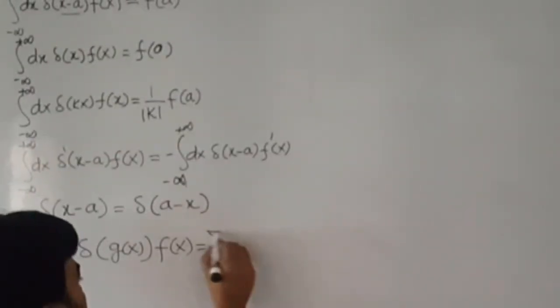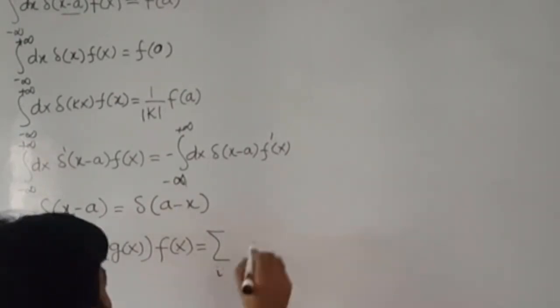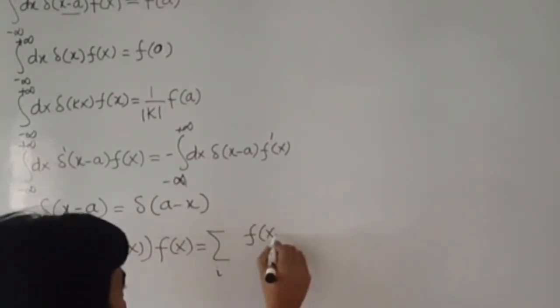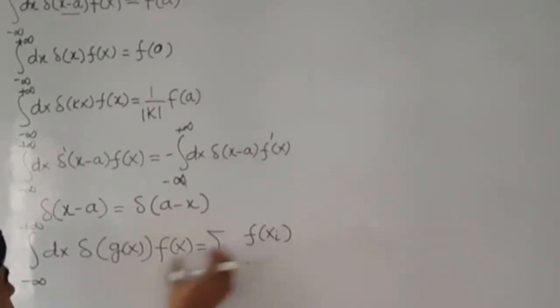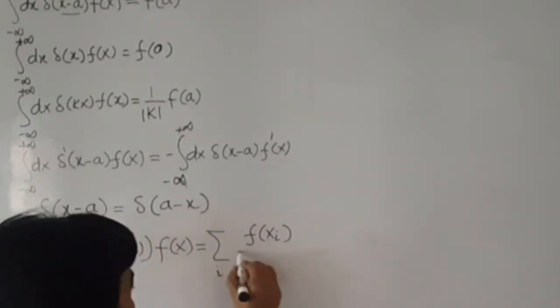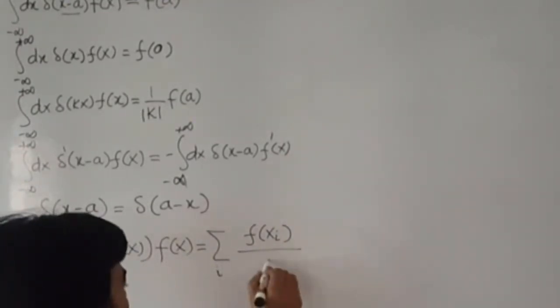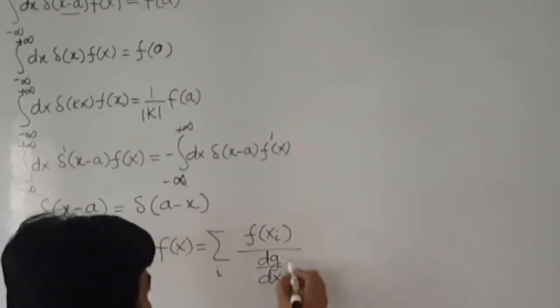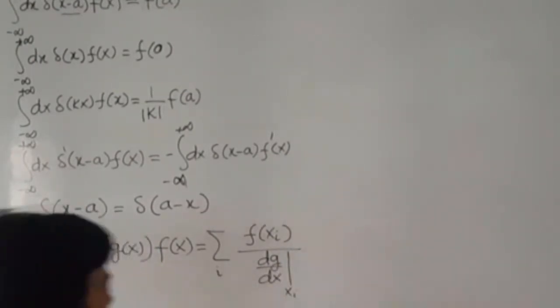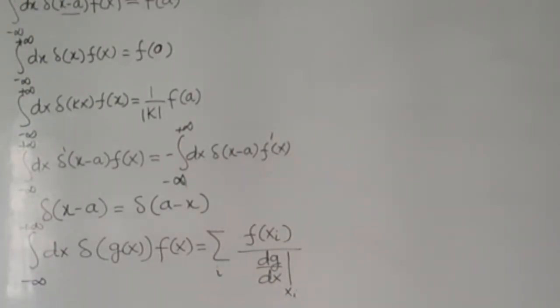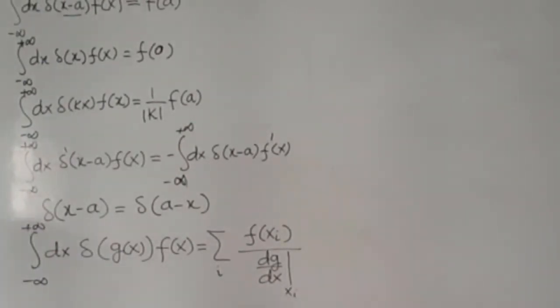So I can write this will be summation over i of f of xi, where xi are all the zeros of g of x, divided by dg over dx and its value at the xi's. Right? Its value at all the zeros of that g of x.